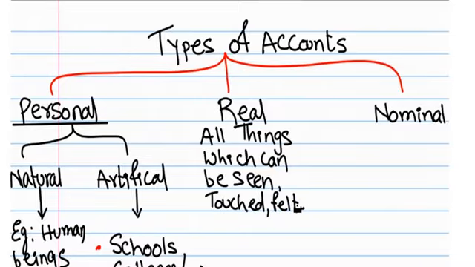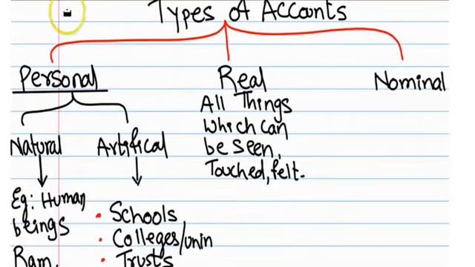So all non-living things which can be seen, touched and felt. And the name real itself indicates that it must be really or actually in existence. Alright, so this is real account.